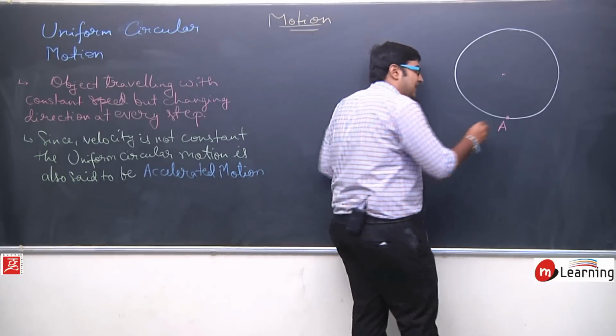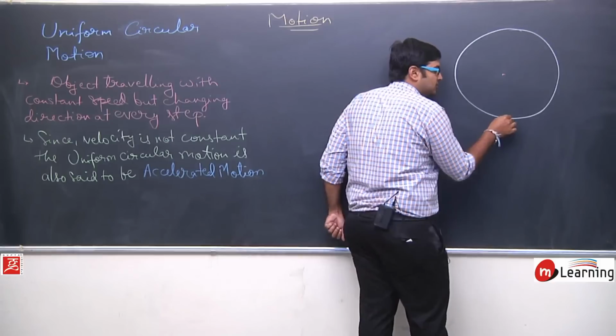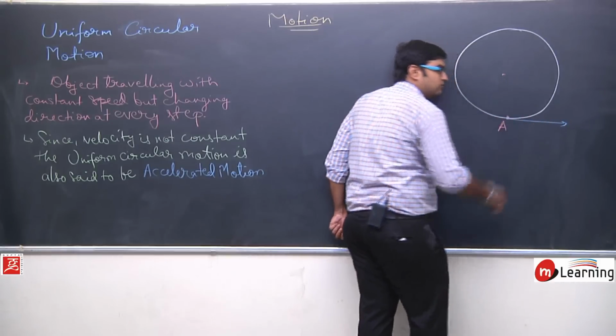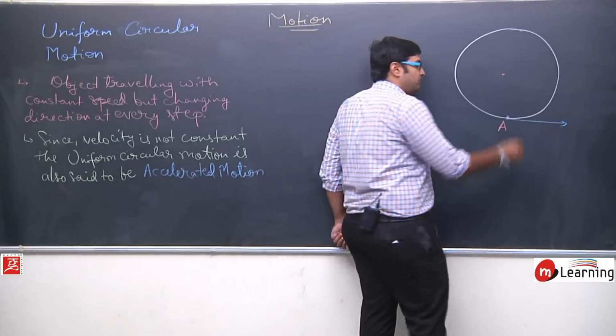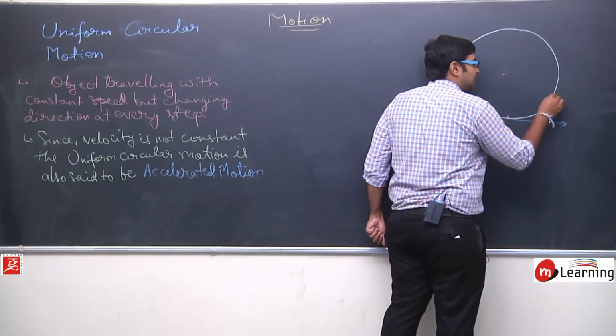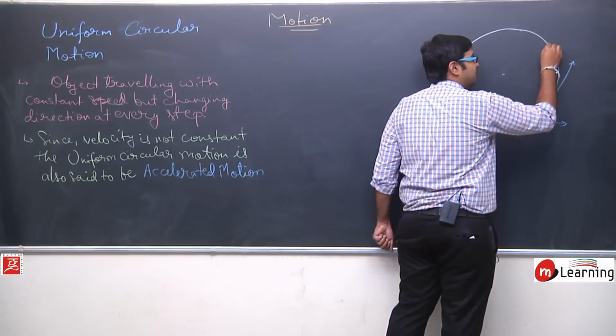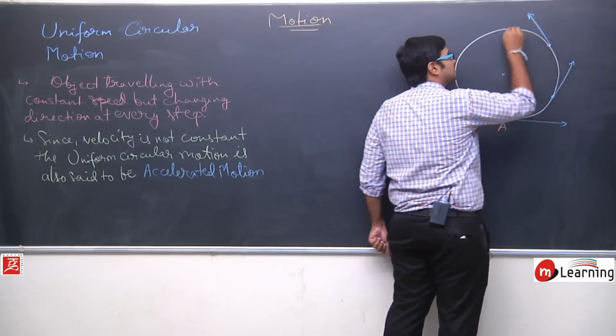If the object starts traveling from point A, its direction of velocity would be like this. If it is moving along the circular path, at every point its direction is going to change like this.